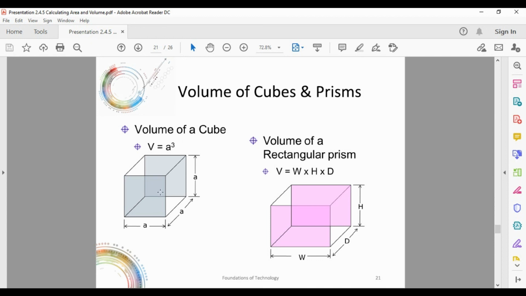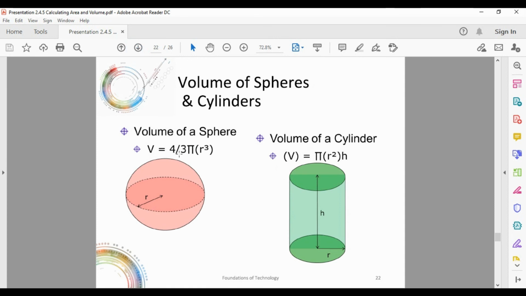The volume of a cube is: you find the length of one side and multiply it by itself and by itself again, or you cube the value. A rectangular prism is the width times the height times the depth, d, in case you were wondering what d was. But you may also say length times width times height. That just depends on what you're going for.